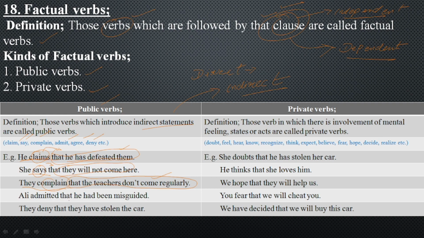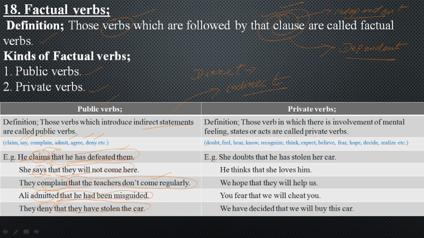And Ali admitted that he had been misguided. What did Ali admit? That he had been misguided. It is again followed by that clause. And next we have: they deny that they had stolen the car. Deny is your verb which is followed by that clause.